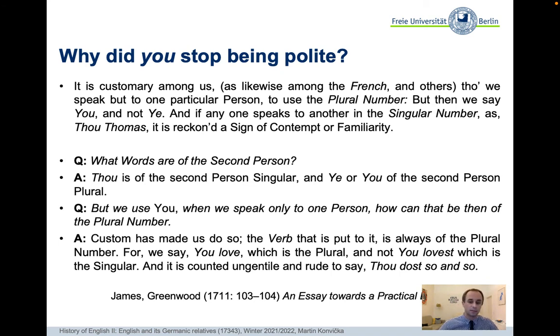How can that be then of the plural number? And the answer of the grammarian is, custom has made us do so. The verb that is put to it is always of the plural number, for we say you love, which is the plural, and not you lovest, which is the singular. And it is counted ungenteel and rude to say thou dost so and so.